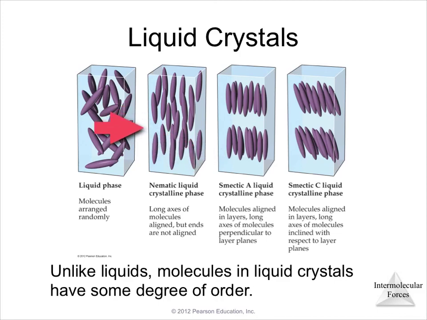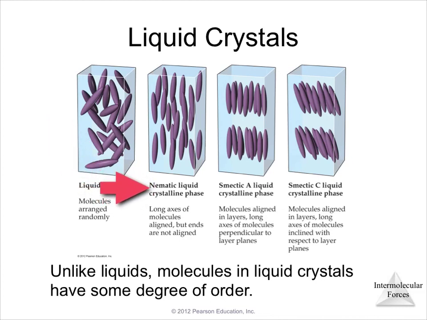The nematic liquid crystalline phase is where they're starting to line up. All of those long axes of the molecules are trying to line up, but they're not perfectly aligned like they are in smectic A or smectic C. The liquid phase looks much different, where all of them are just arranged randomly.